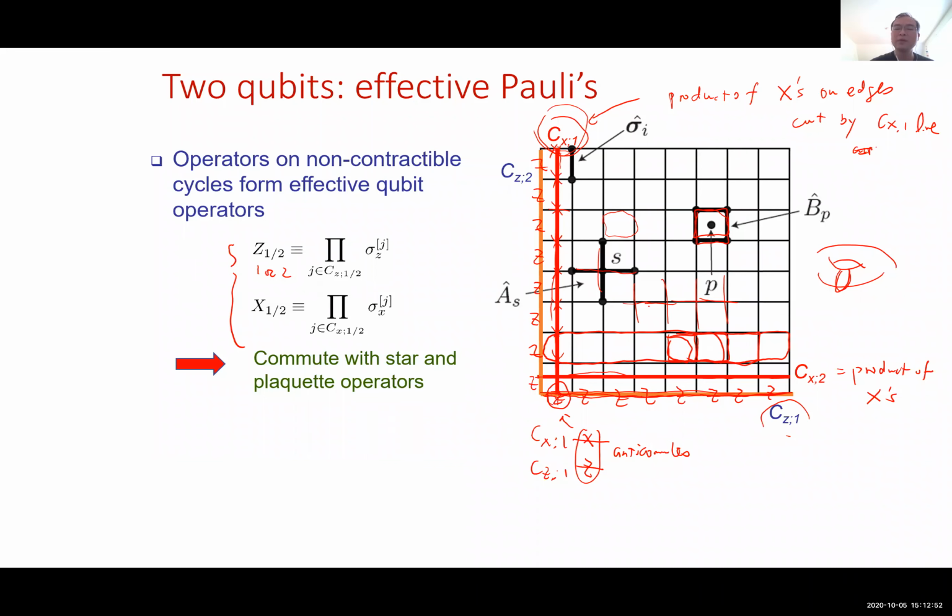So a loop wrapping only once is not generated by these stabilizers. So these are really independent of the stabilizer elements, and they indeed satisfy the conditions of logical operators. These anti-commute because they cross at one location.